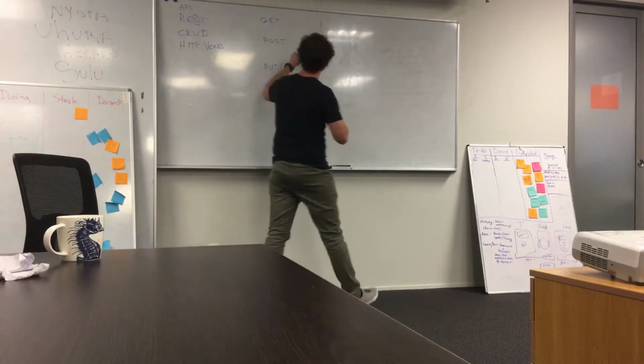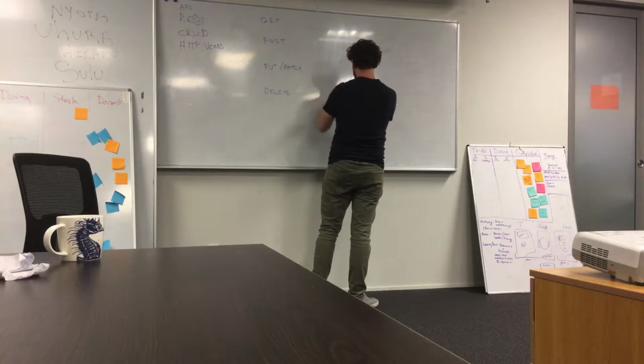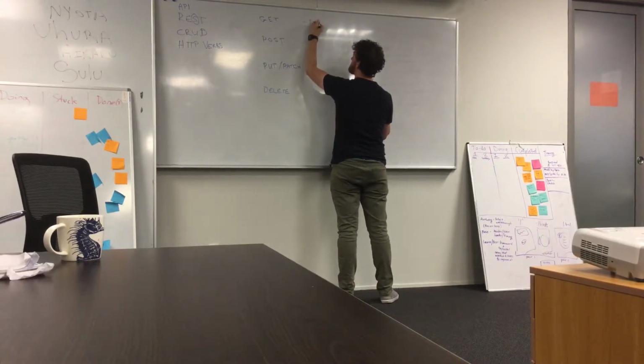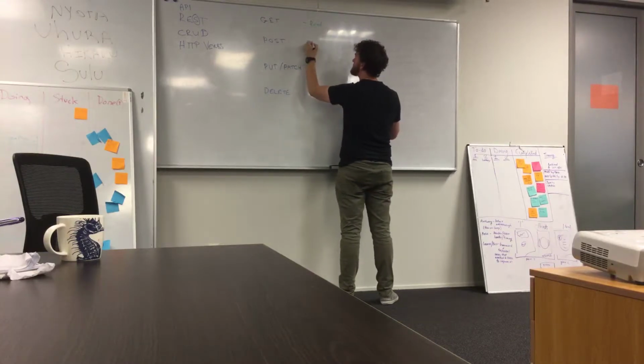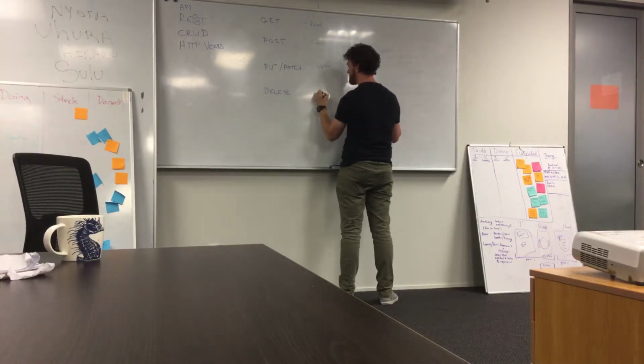So GET is our read, POST is create, PUT and PATCH are update, and DELETE is just delete.